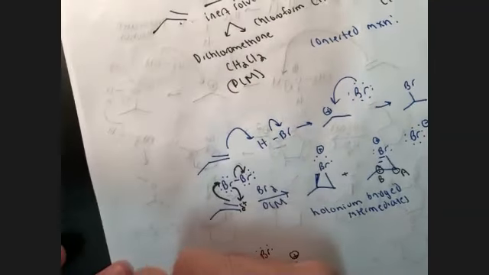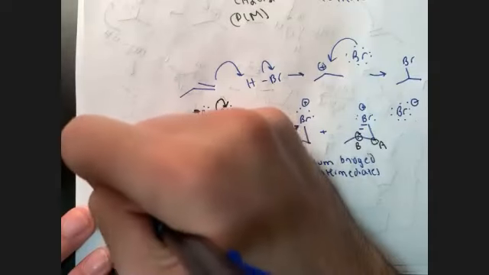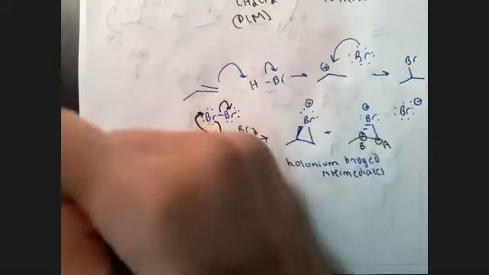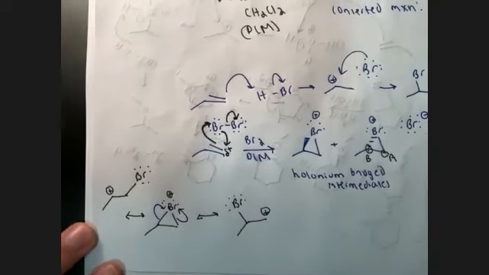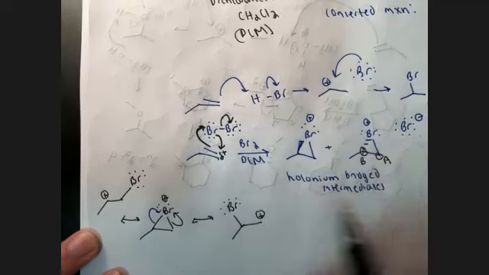Okay, so then the other resonance structure I want to draw is, let's just say, I'll draw it in blue, I broke this bond. So then the structure would be something that looks like this. Okay, so we have three contributing structures to this halonium bridge. So these are the resonance structures for this.